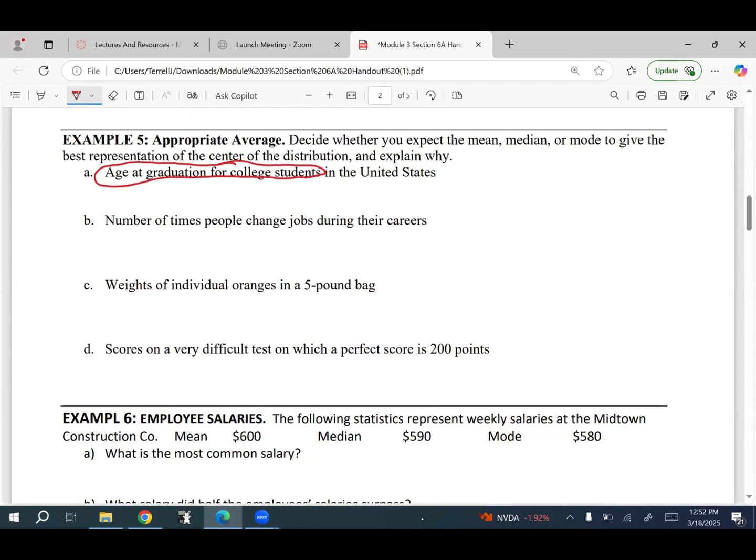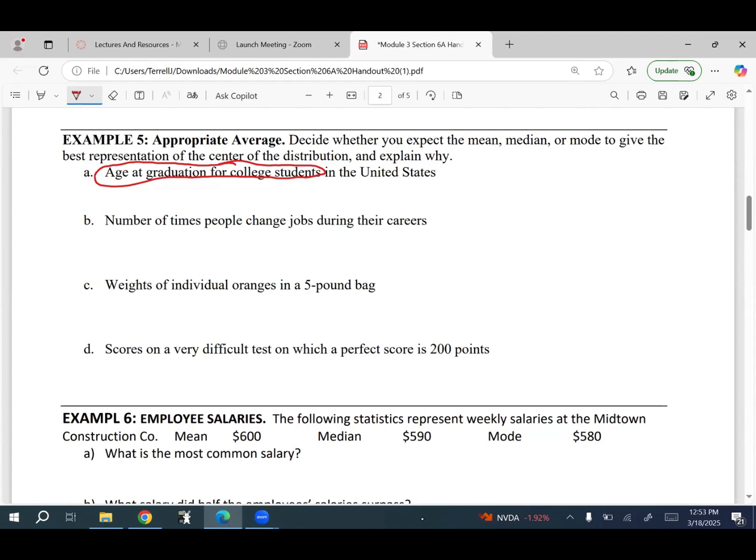So when I think about that context, in college, there's a variety of different types of people that graduate. There's traditional students, right, that graduated high school. And so they're probably around 21, 22 when they graduate college. There's dual enrolled students, right? So they might be 17 or 18 when they graduate college.